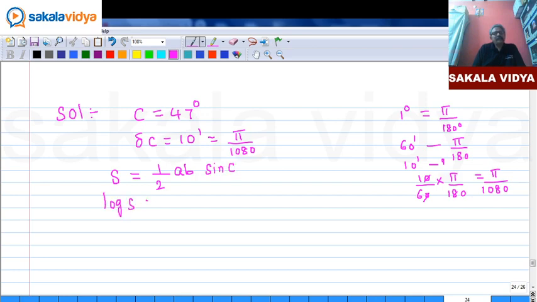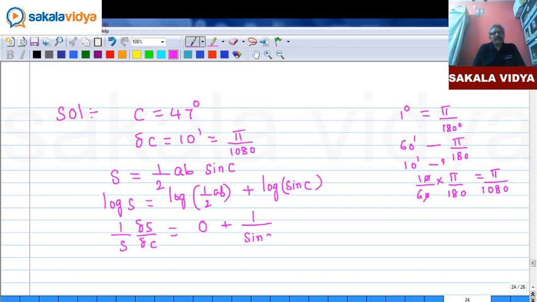Log S is equal to half log AB, which is constant, plus log sin C. Differentiate with respect to C. 1 by S, delta S by delta C, 0 for the constant, plus 1 by sin C. Sin C differentiation is cos C. So, now delta S by S is equal to cot C into delta C. Delta C is pi by 1080, into cot C. C is equal to 47 degrees. Cot 47 degrees. This is the answer.